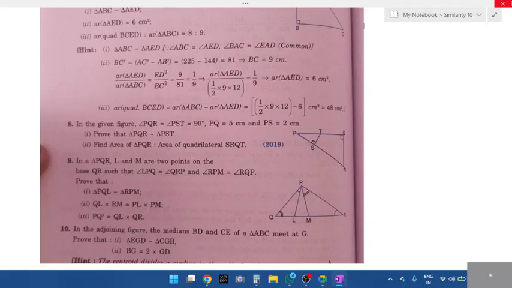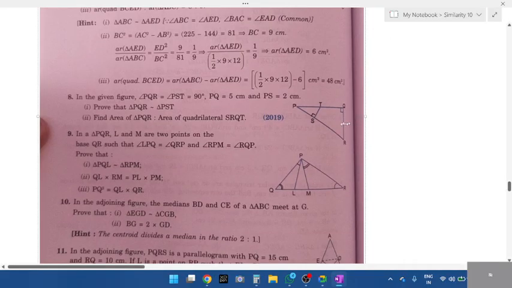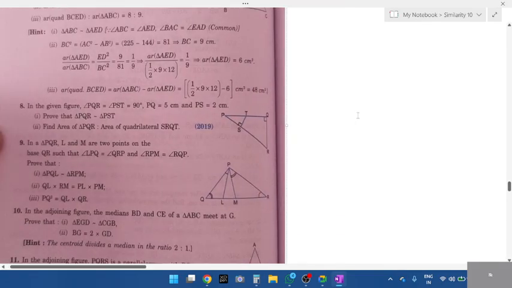First, draw the diagram into two parts, students. Split the diagram. Be quick. We have solved more than 8 or 10 questions.